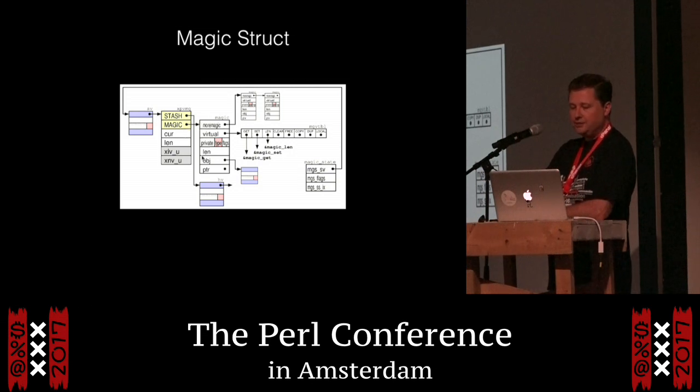Magic is a linked list of structs of the different types of magic this SV has. And you have the virtual pointer, which specifies how it's supposed to behave. That's actually, for the most part, a static table that is used by Perl. And then this information is possibly how that magic is supposed to behave.